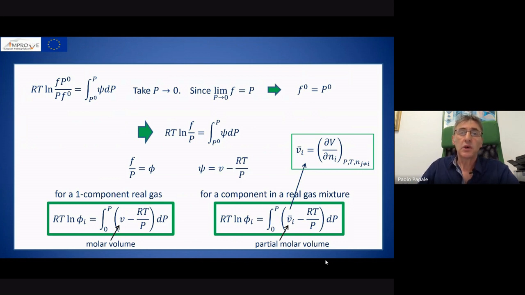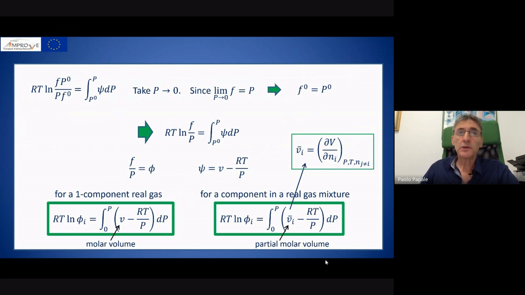Again, we need a real equation of state, this time for the water-carbon dioxide mixture, from which we can express the partial molar volume of the component of interest, again from zero pressure, where its partial molar volume is equal to the ideal molar volume of the pure component, up to system conditions.